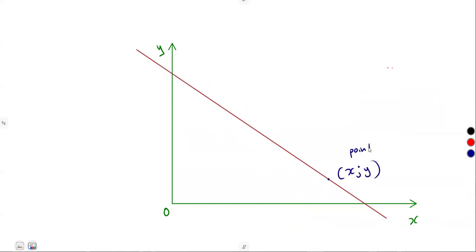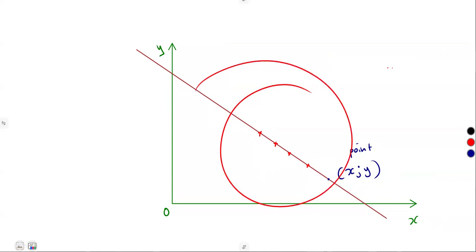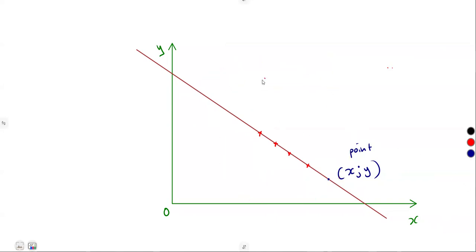That's a point. You can have another point, another point, and another point. As long as it is a straight line, the gradient is the same throughout.